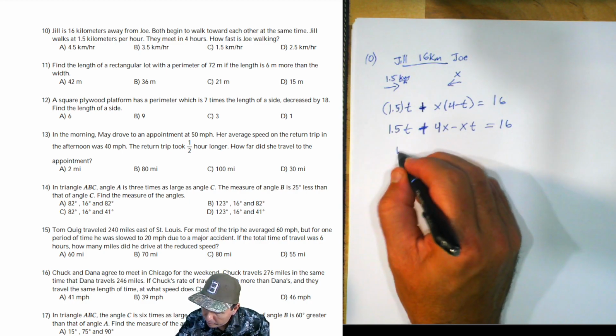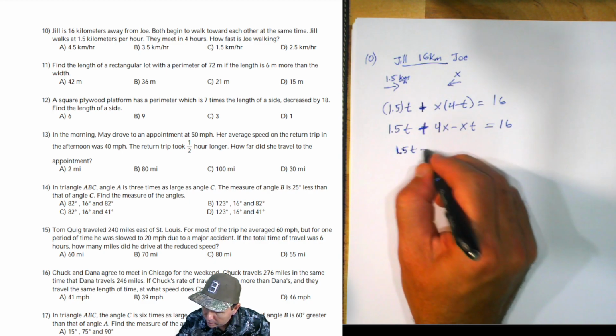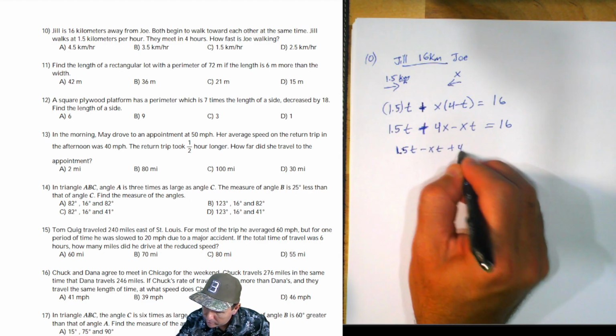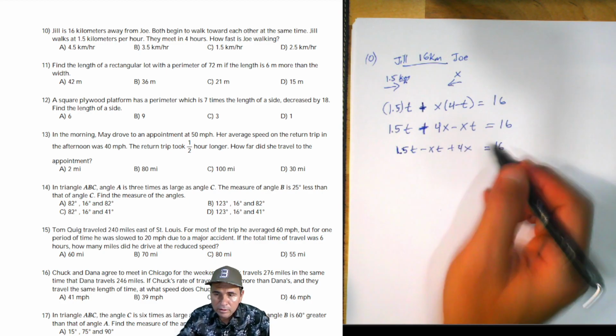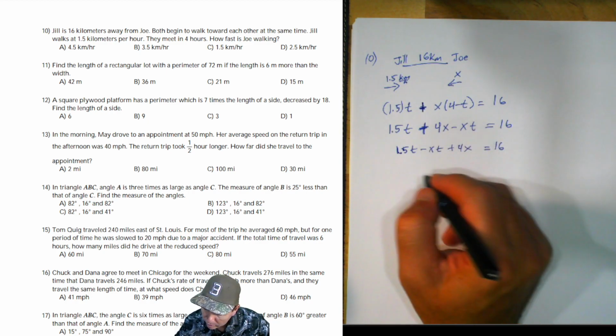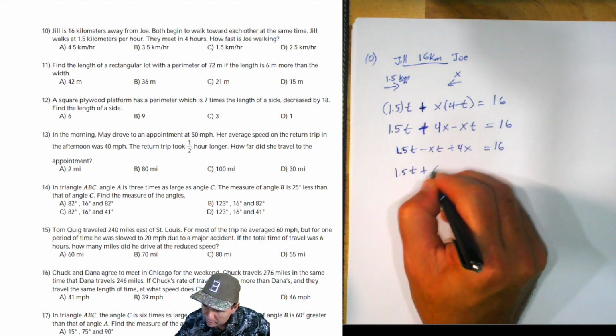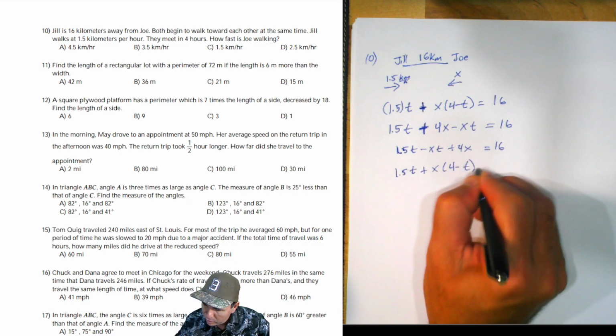So we have 1.5t minus xt plus 4x equals 16. We're trying to find x, so maybe try to leave x alone. Maybe that's the way. 1.5t plus x times 4 minus t equals 16.